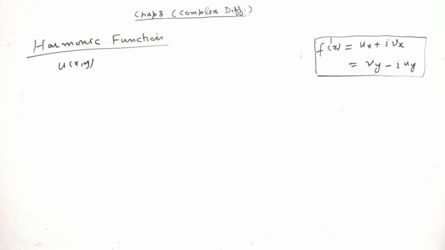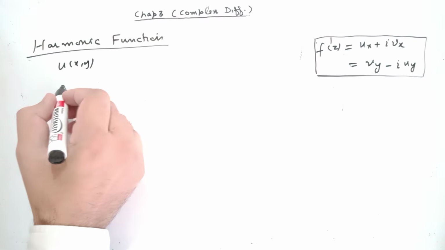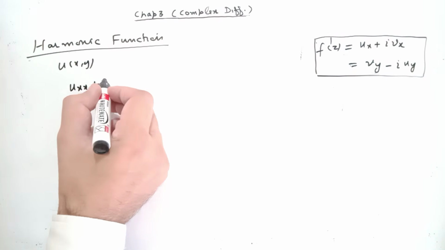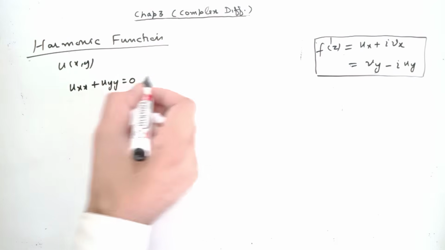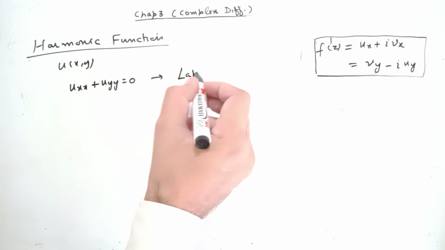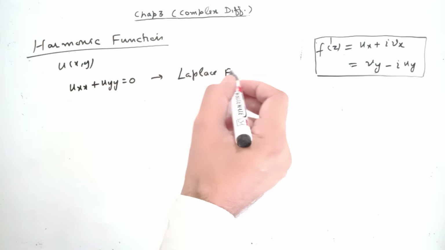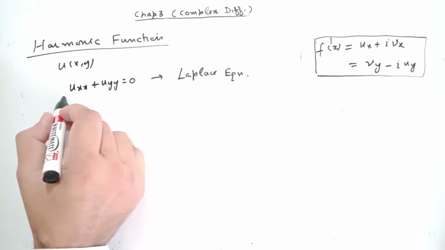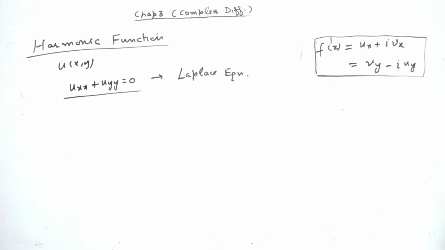A real function u(x,y) is said to be harmonic in a domain D in the xy plane if its first and second order partial derivatives exist and satisfy the Laplace equation. If this equation is satisfied, then u(x,y) is harmonic.